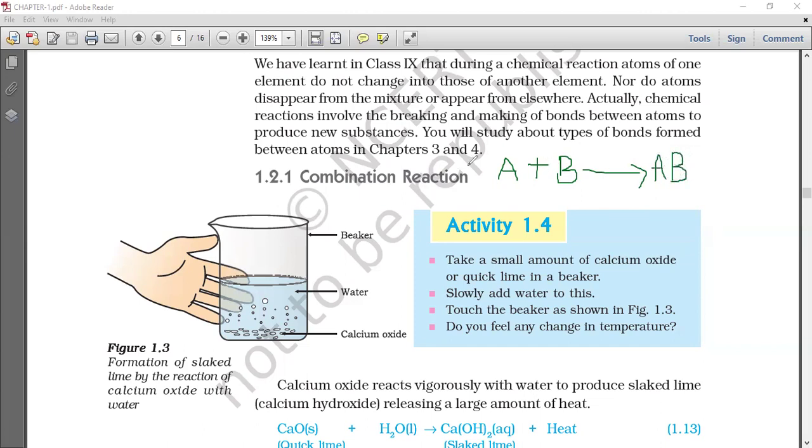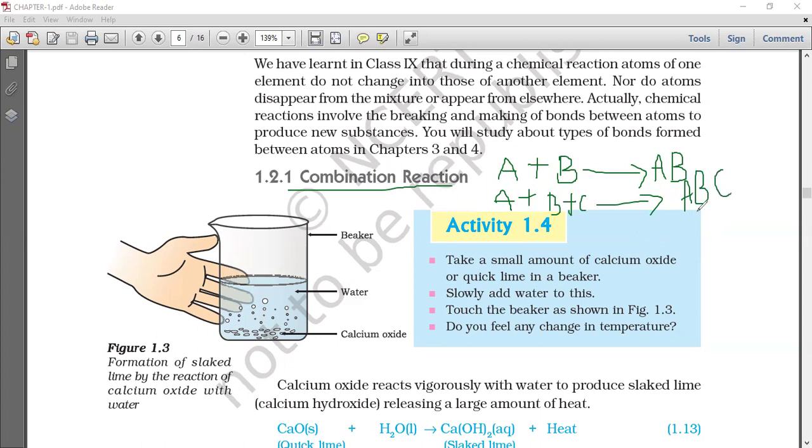In place of these alphabets, I will take atoms or elements, so that you understand. This is the hint to remember the combination reaction. You may also write it like this: suppose I take three atoms, A plus B plus C, then the final product will be ABC. This is called a combination reaction.